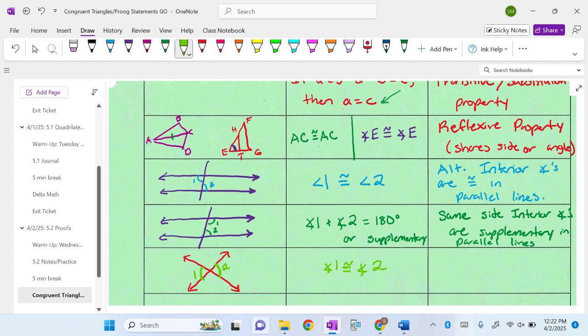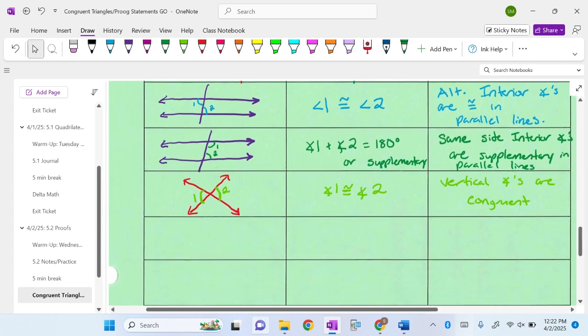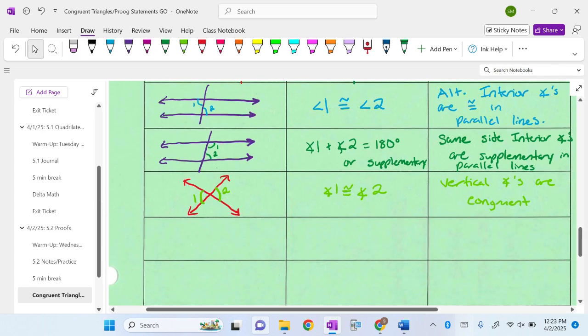Remember vertical angles? This was back in math 2. So vertical angles, meaning if they form an X, they're opposite each other. Vertical angles are congruent. So if you have two segments that form an X, and you're given two of its opposite angles, they're congruent. They're called vertical angles.